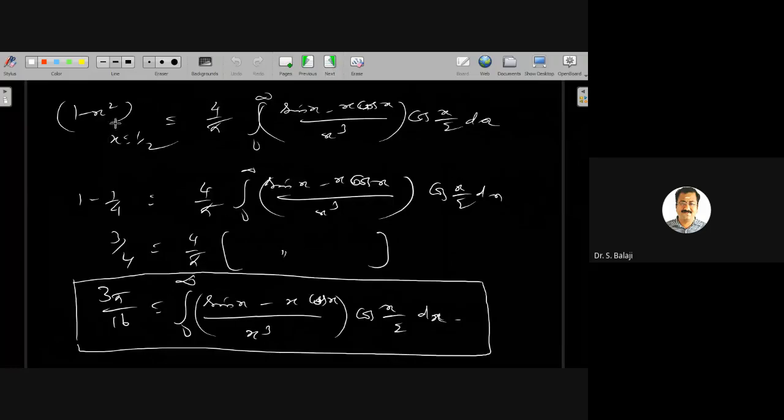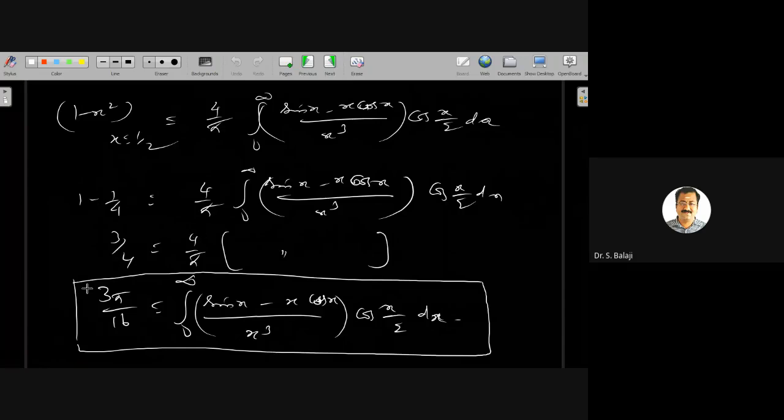Therefore, you put 1 minus x square with x equal to 1 by 2, and 4 by pi integral 0 to infinity. Right side no change, as it is here. This is 1 minus 1 by 4, it will be 3 by 4.